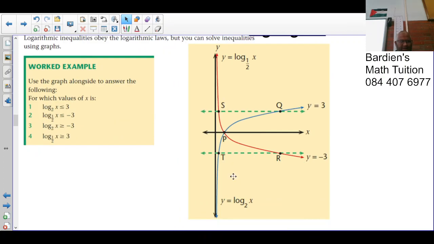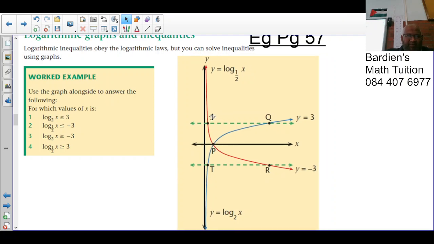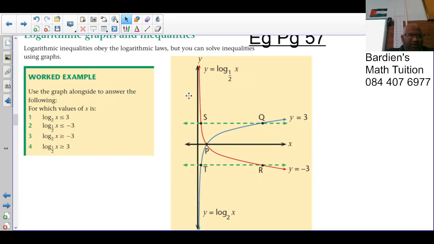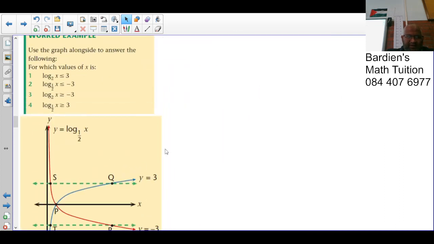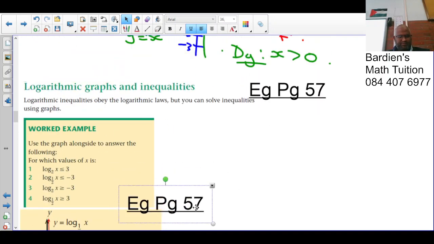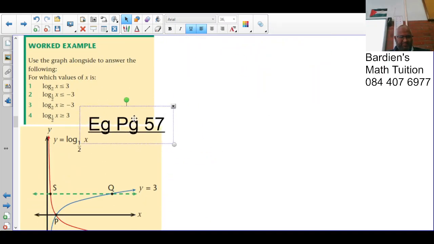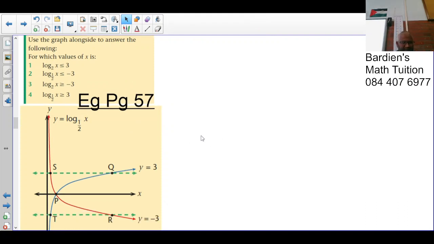Okay. So here we are told the log inequalities obey the log laws, but we can solve inequalities using graphs as well. Okay, so I'm going to put this below here. Too big.